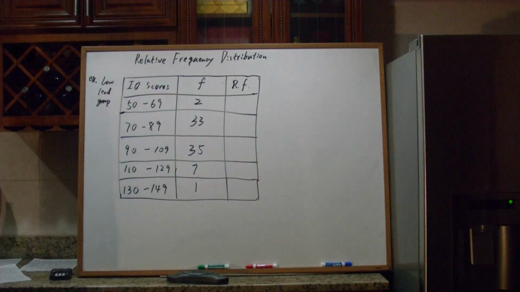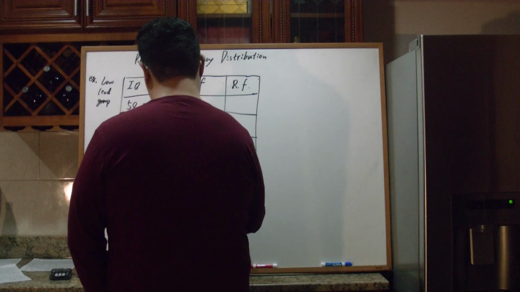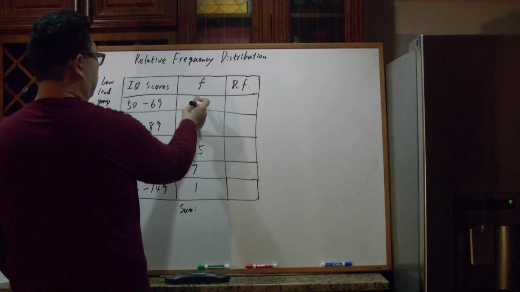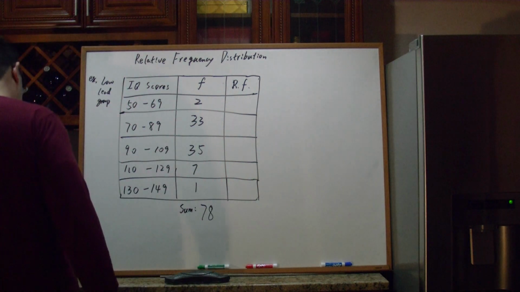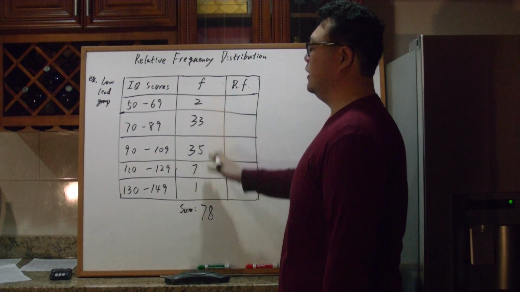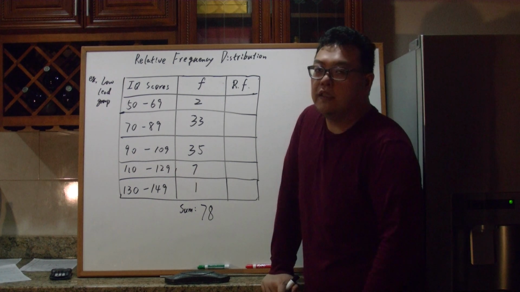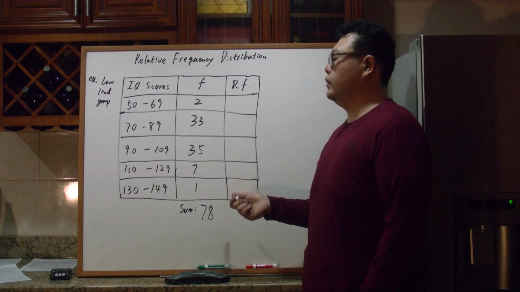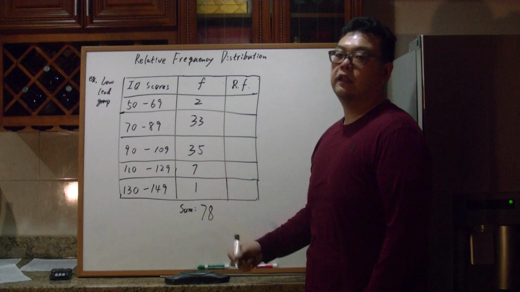But for relative frequency, the frequency is related to the total, right? We need to find how many data we have in the data set, which is 78. So to get the relative frequency, we don't only take the frequency, we turn it into a relative result. In other words, we turn it into a percentage: how much percent this frequency is of the total.